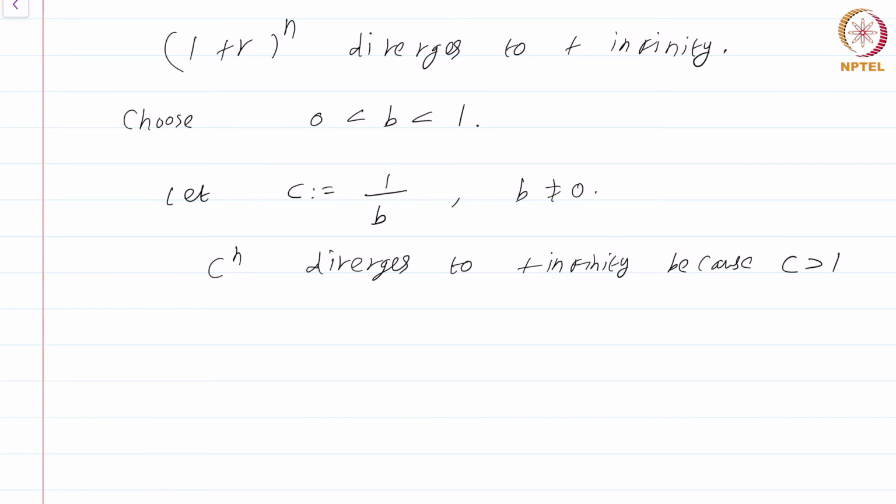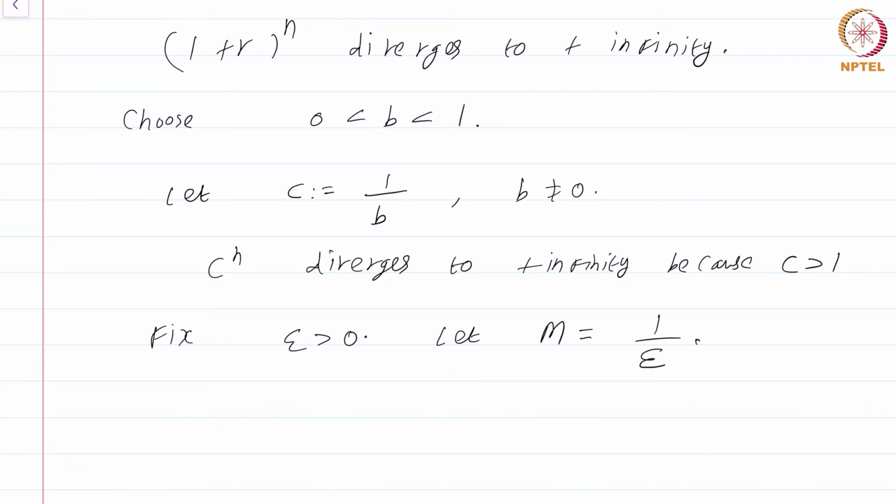Because c power n diverges to plus infinity and c power n is 1 by b power n, this means that, okay, let me write down a full proof. Fix epsilon greater than 0, let capital M be 1 by epsilon.